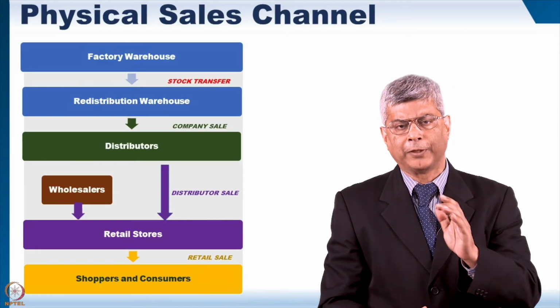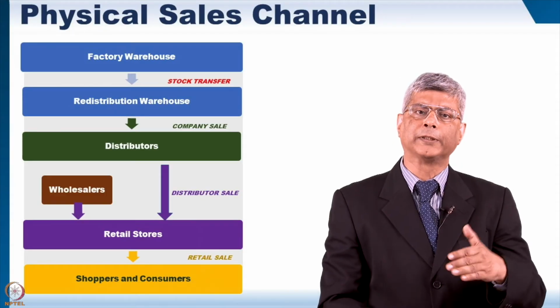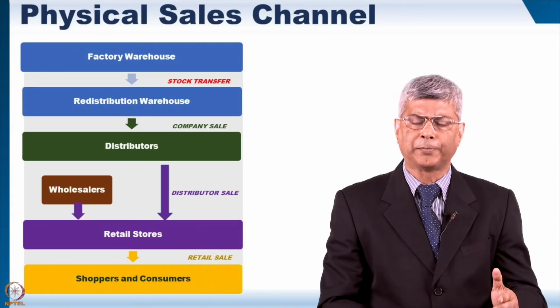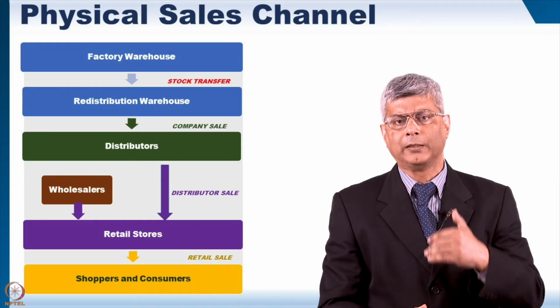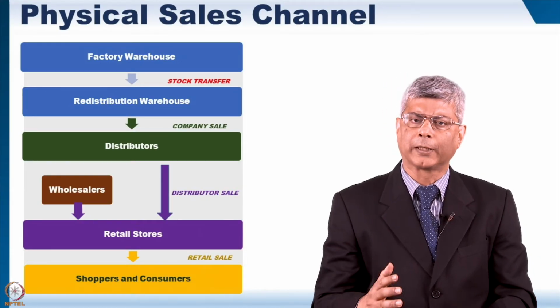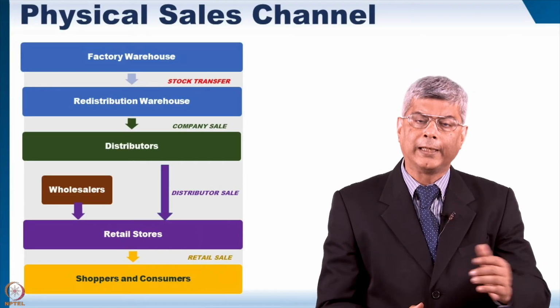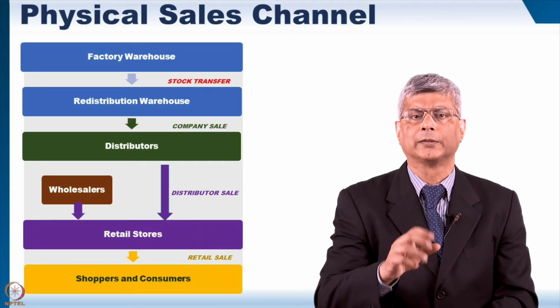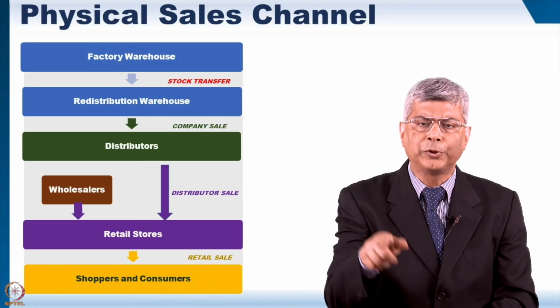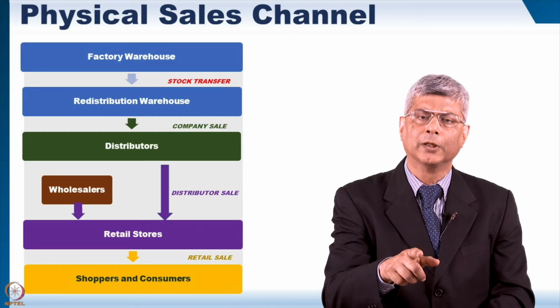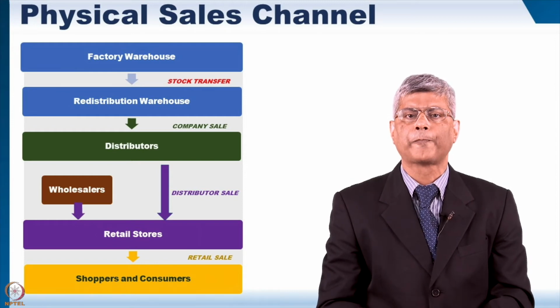In Bombay, those of you who are familiar with Bombay, there may be a warehouse in South Bombay, one in North Bombay, one in East Bombay, one in Central Bombay. Same with Delhi. West Delhi, East Delhi, South Delhi, North Delhi, and so on. Same with Kolkata. If it's in the rural areas, it could be at the district headquarters. So the distributors will be there in the district headquarters or one part of the city.